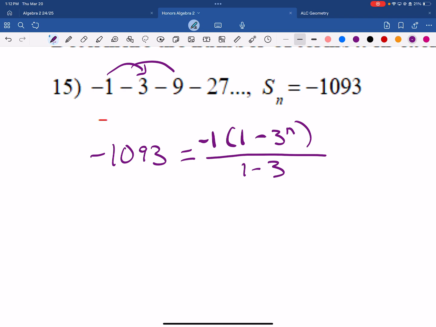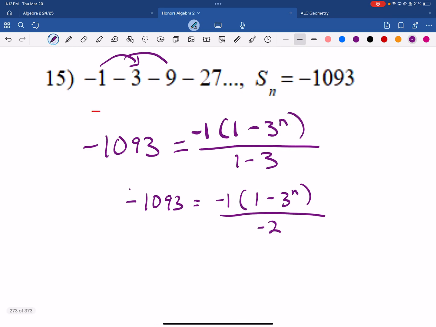Now notice I only have one unknown, and that's a good thing. Now we just have to start simplifying. So I'll work this one out the long way. So that's negative 1 times 1 minus 3 to the n, all over negative 2. Multiply both sides by negative 2.